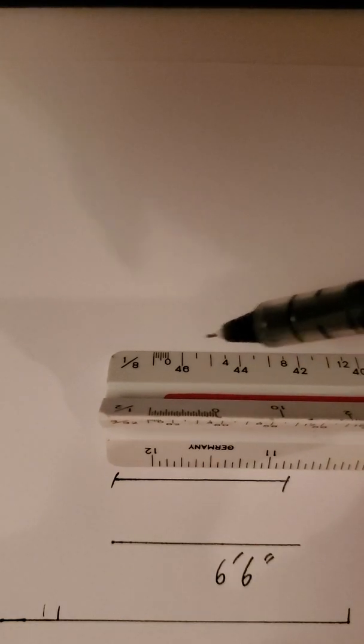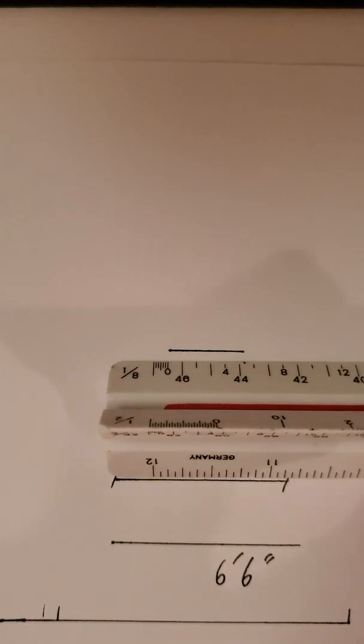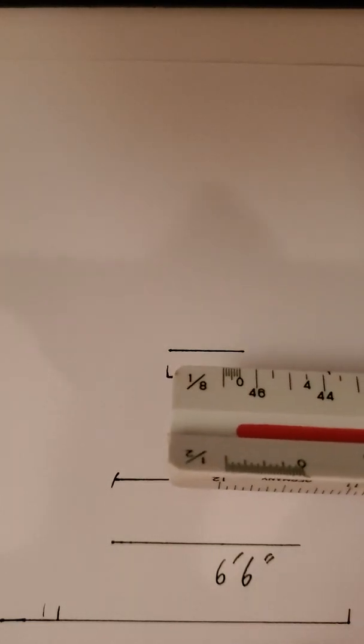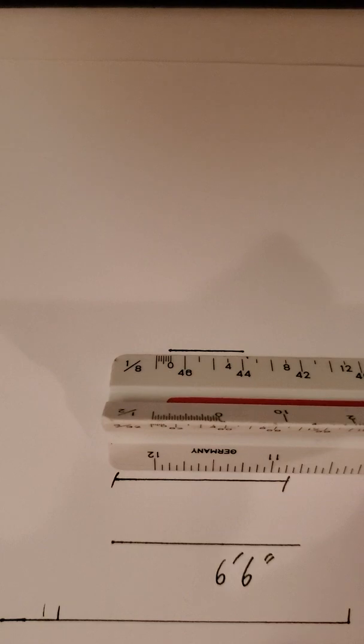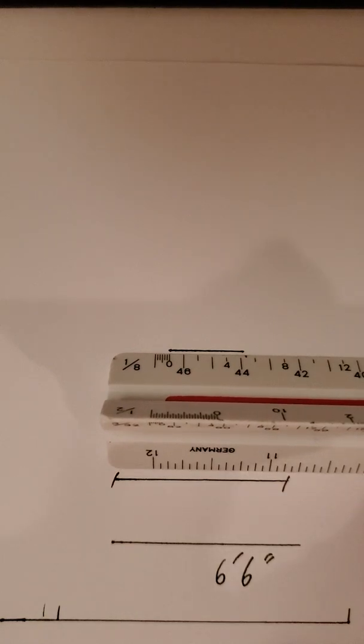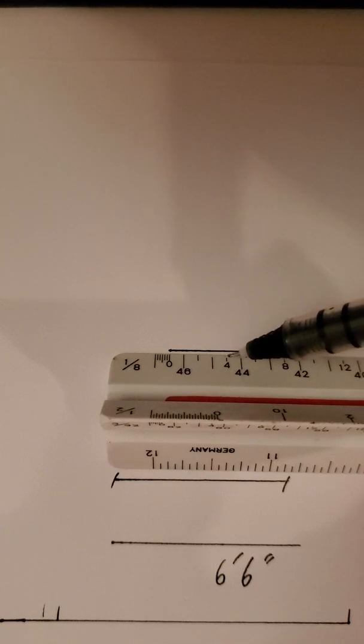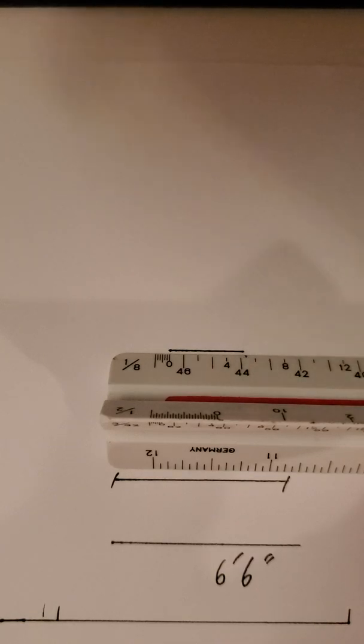If you're reading a line that is drawn in 1/8 of an inch scale, let's draw a line that is 0, 1, 2, 3, 4, let's say 5 and a tiny bit. If you know that this line is drawn in 1/8 of an inch scale and you want to read it, you find your 1/8 of an inch, you put your 0 at the beginning of the line, then you see you have 0, 1, 2, 3, 4, 5, and some fractions.